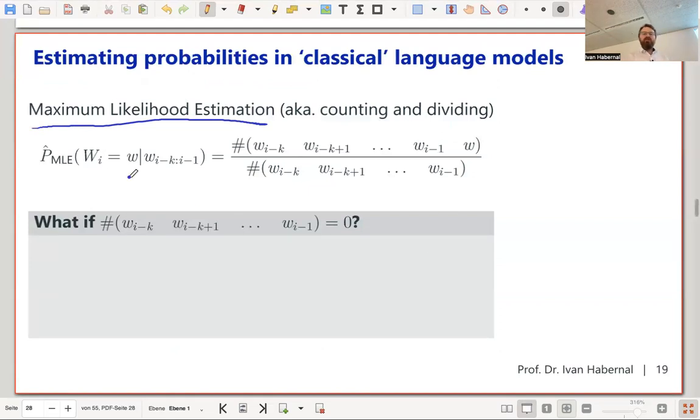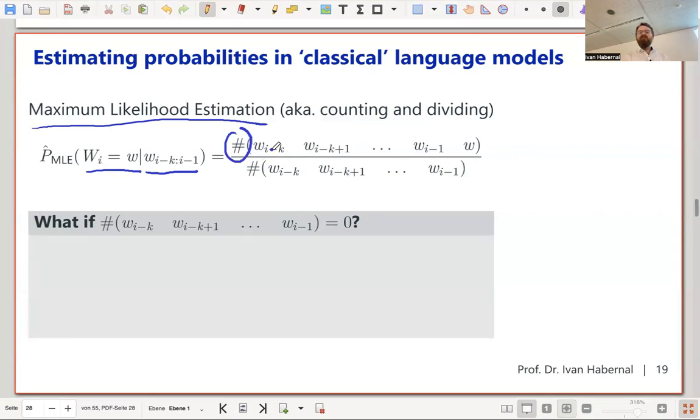So how do you estimate the probability of the word at position i being w given the context? Well, you just count the number of words. So this is words like the cat sat on the mat, divided by the cat sat on the.